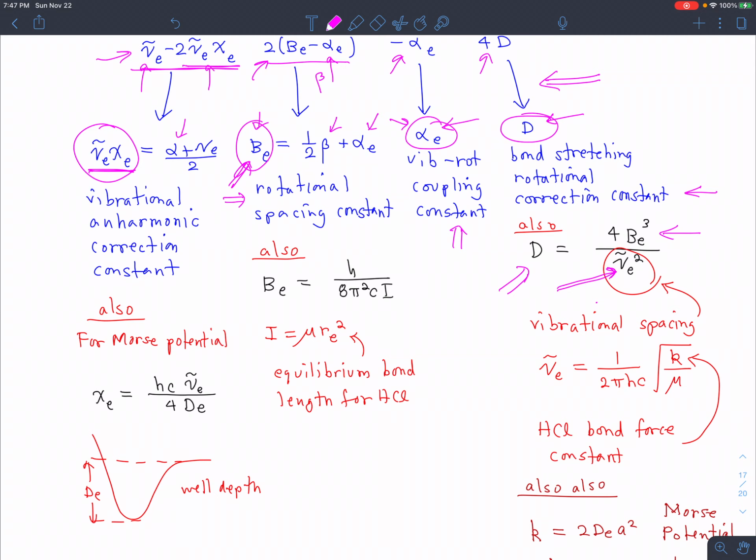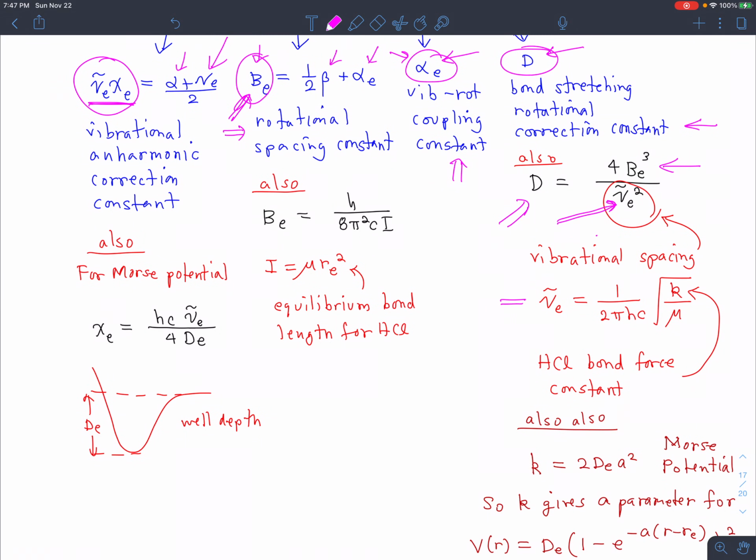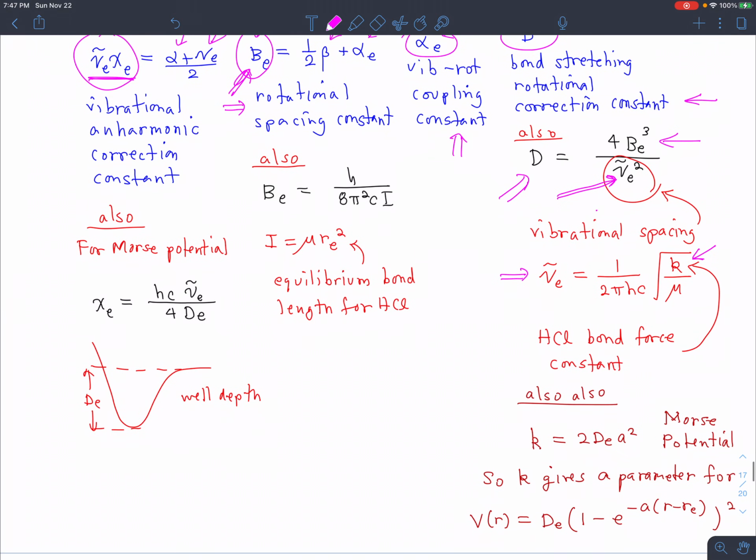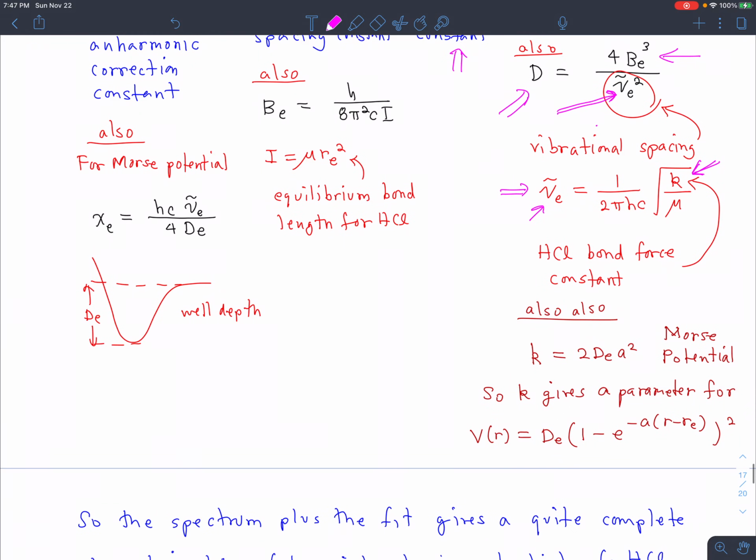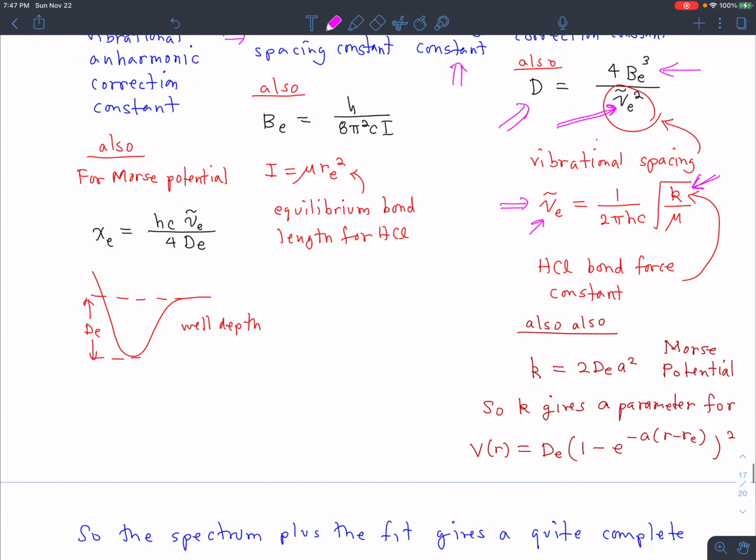You're going to need it over here, but it's also a quantity of fundamental interest in its own right, because that fundamental vibration frequency is related to the force constant for the bond that's holding the hydrogen and chlorine together. And so if you've got this guy, you can extract the force constant. Also, well, I'll come back to that.